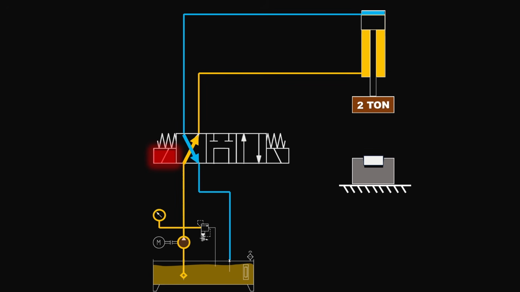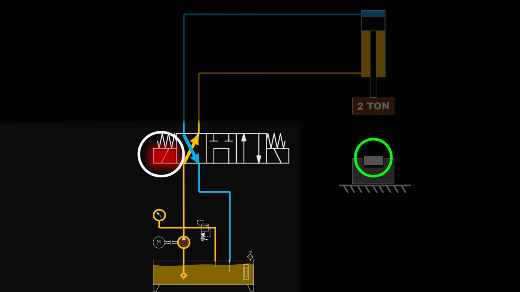And now let's say the operator is unloading the pressed component. In between, we shouldn't keep the solenoid turned on because the cylinder is already retracted. If we keep the solenoid turned on, the system pressure will be maintained at relief valve pressure, meaning the pump will operate at maximum pressure.